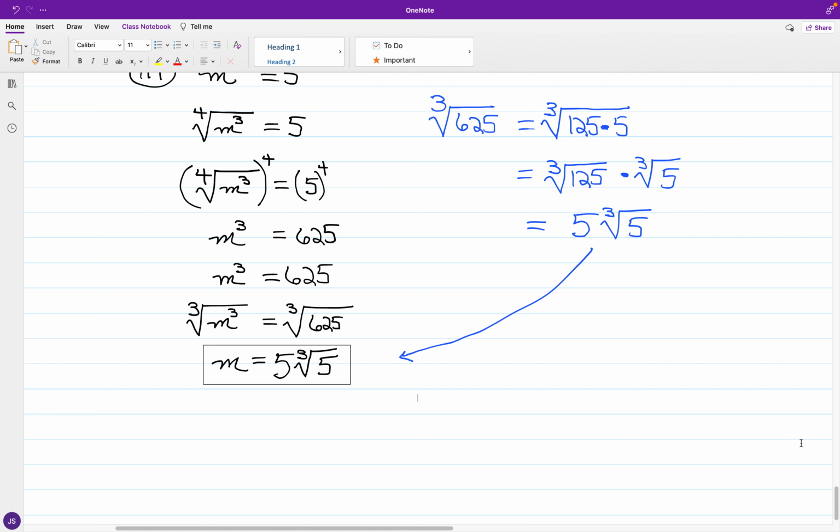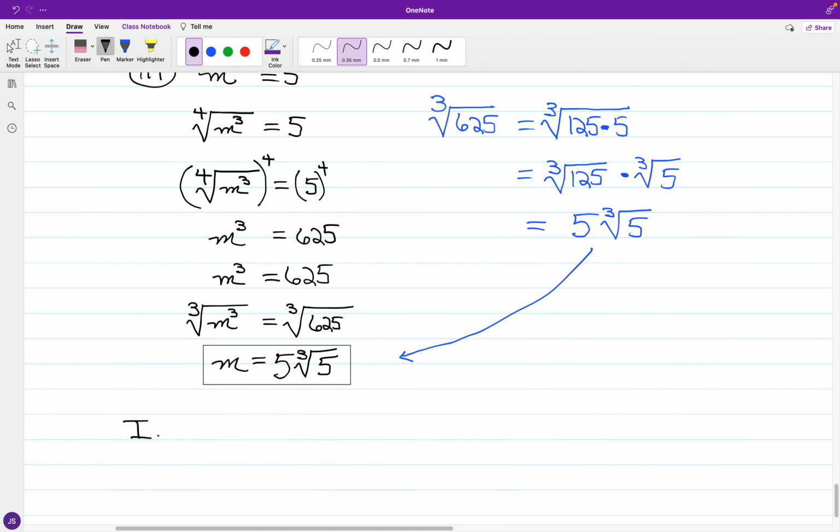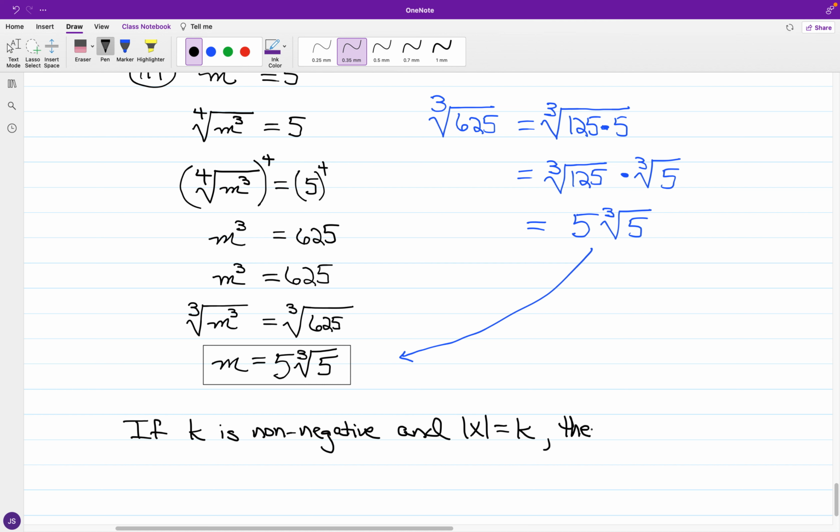Just for the items that we have in the set, we have that k is non-negative, and we have that the absolute value of x is equal to k, then we have that x is equal to plus or minus k.